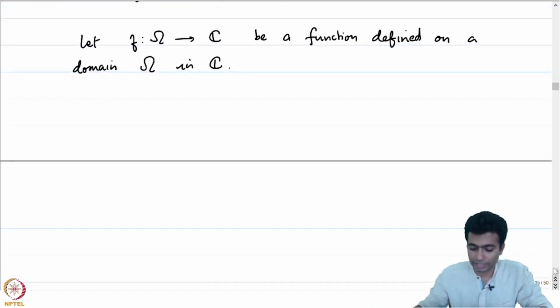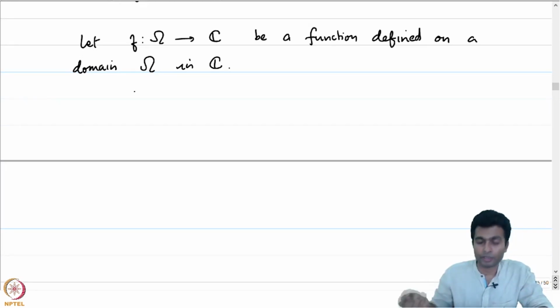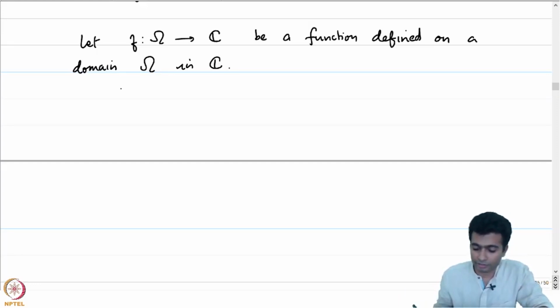For every z in omega, f of z is a complex number, and because of that, we can define two further functions the moment we are given such a function.